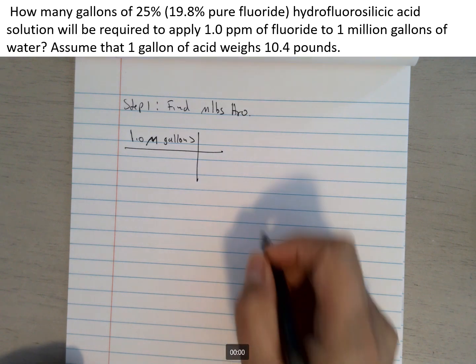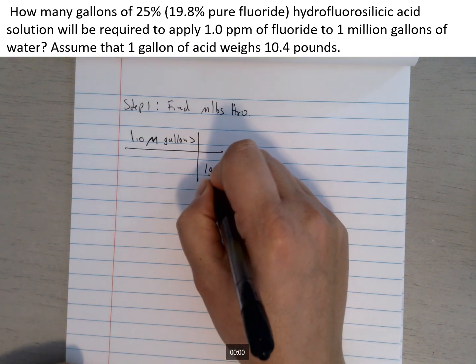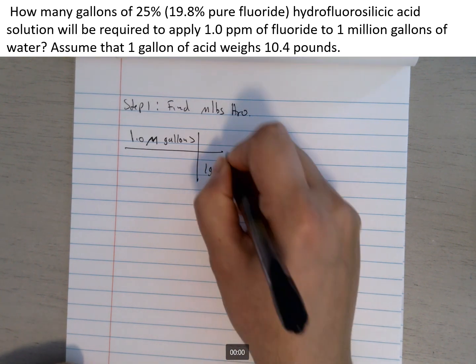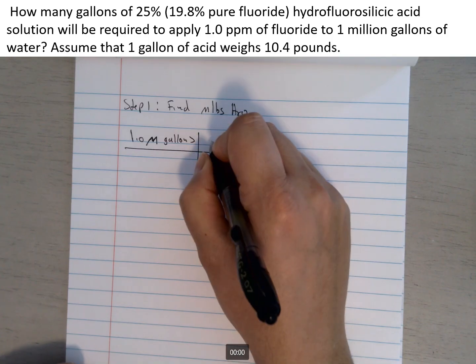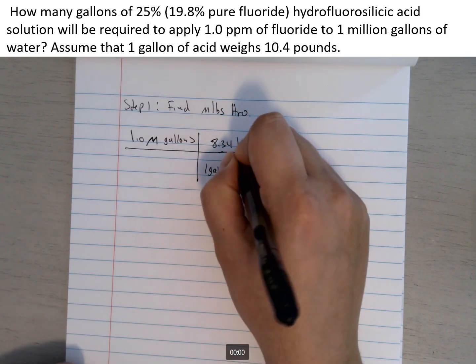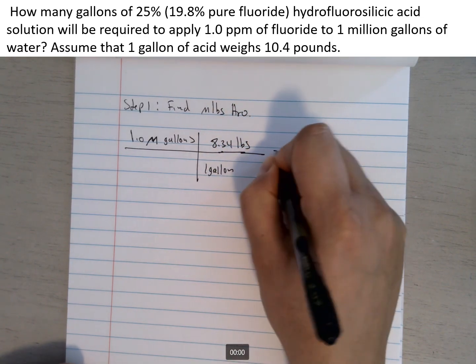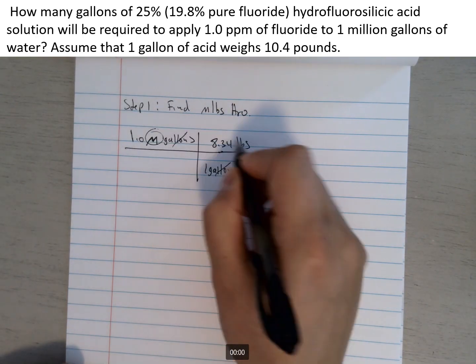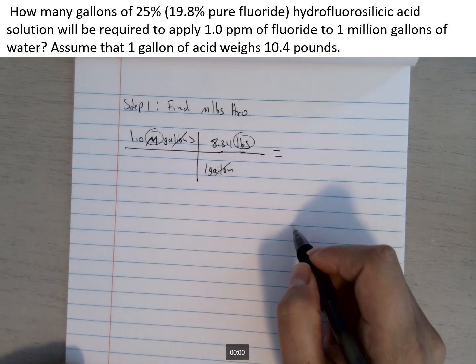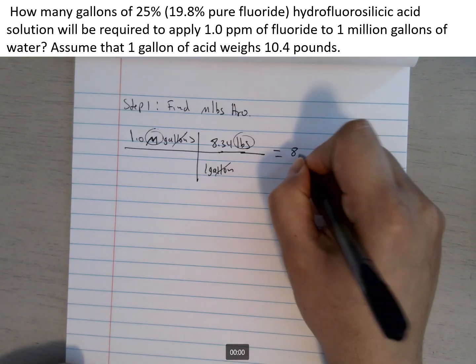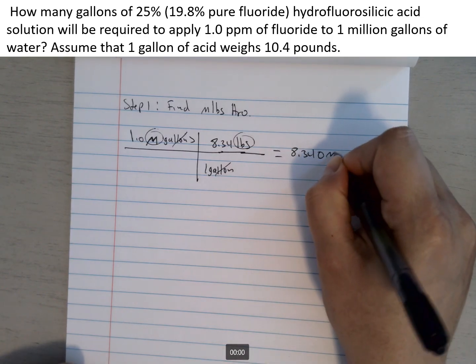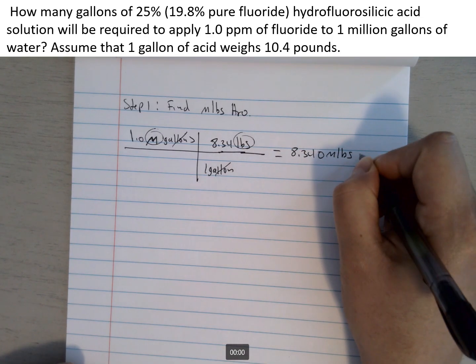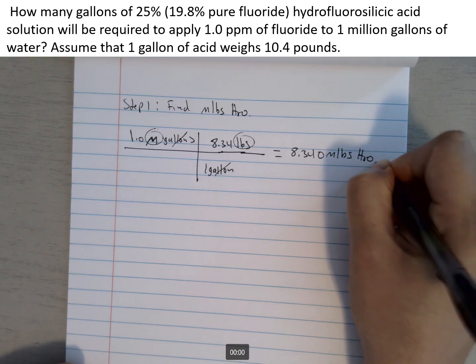We use our conversion factor: 1 gallon of water weighs 8.34 pounds. Do a quick units check. Gallons cancel with gallons. We're left with million pounds. So we have 8.34 million pounds of water.